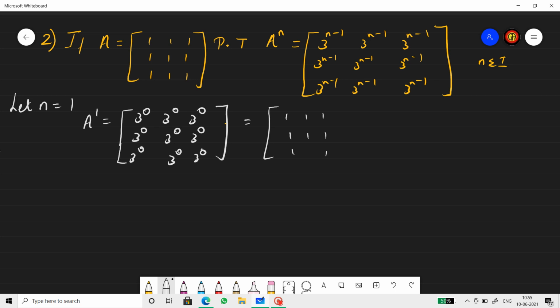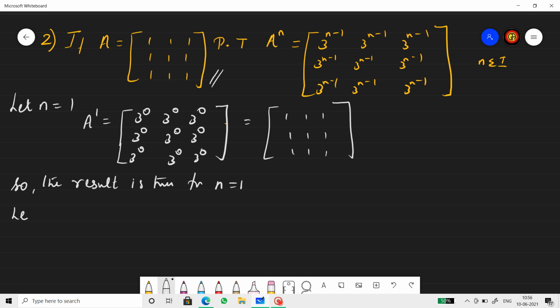Right? So therefore, this is nothing but the given A matrix. Hence, the result is true for n equals 1.